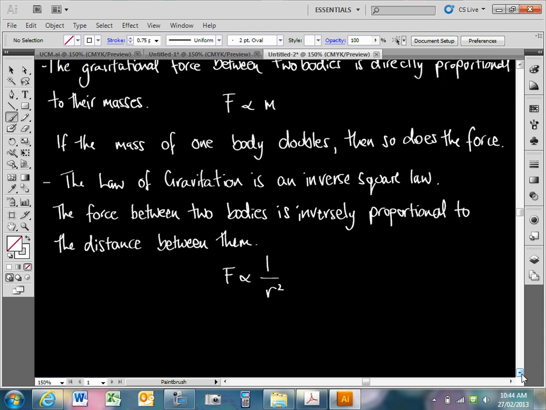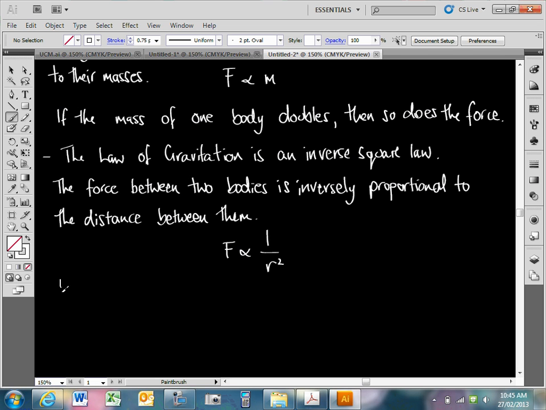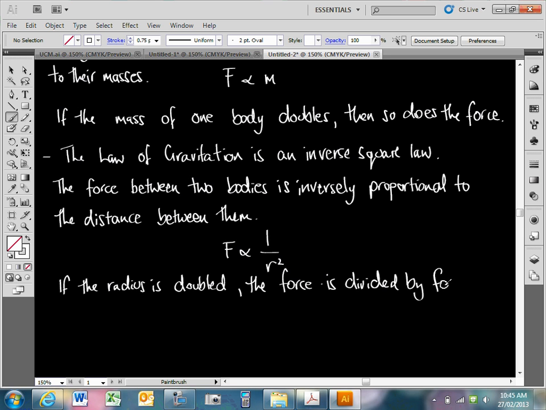So what happens if I double the radius? The force, yes, that's right. If the radius is doubled, the force is divided by 4. If it's tripled, it's divided by 9, and so on and so forth.